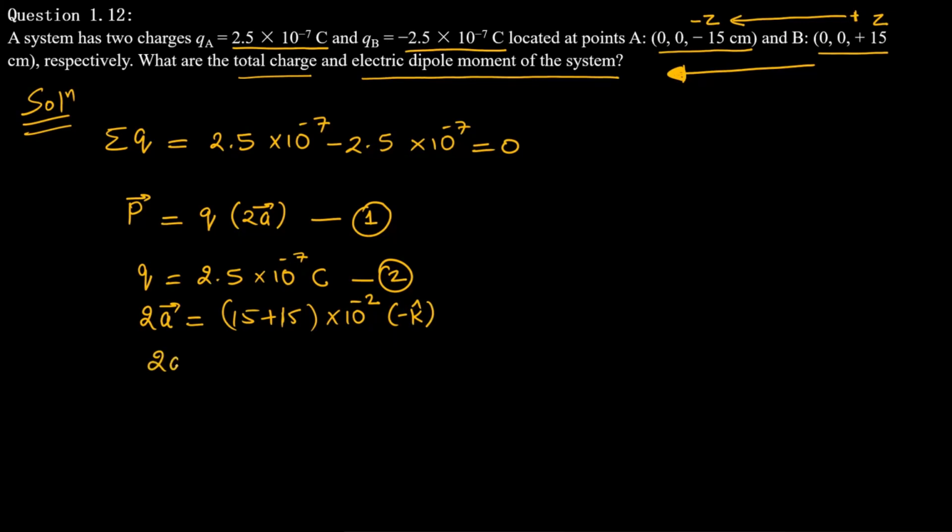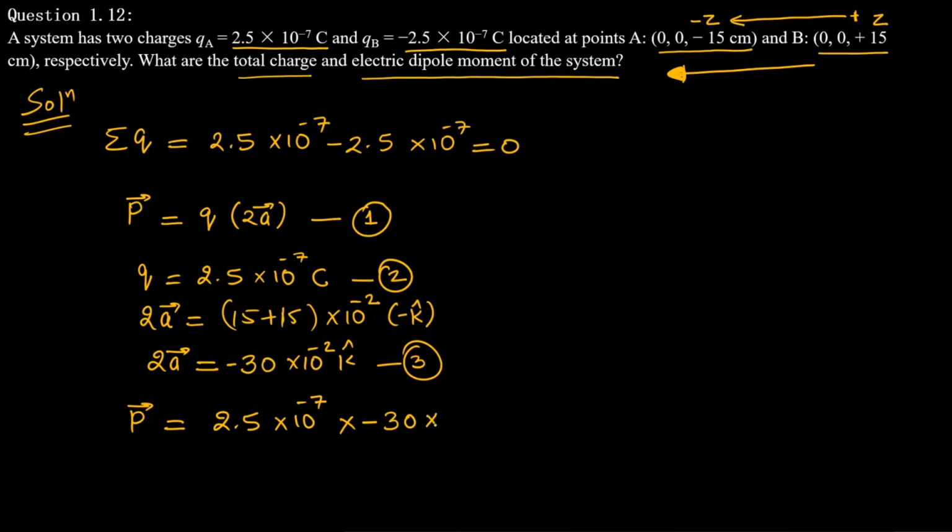So it will be 30 into 10 raised to minus 2 and minus k cap. So now I have the value of 2A vector and Q. I will substitute here in the first equation. So 2.5 into 10 raised to minus 7 into minus 30 into 10 raised to minus 2 k cap.